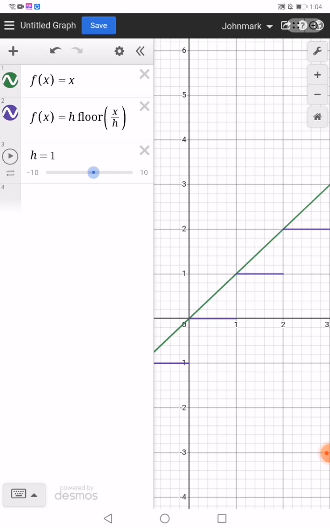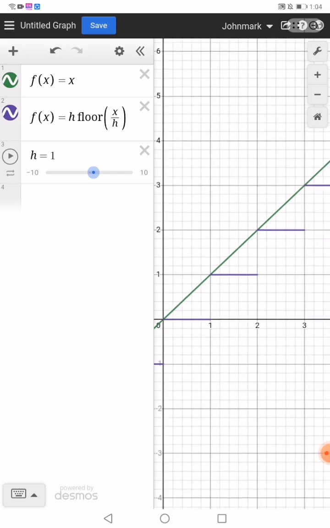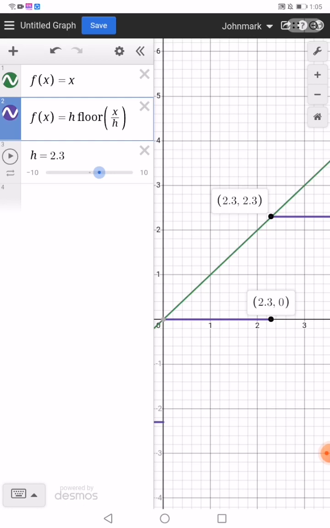And you can see that we have 1 unit. So now from this function of the real number, the green line, we can utilize this length of h as our interval. If I try to extend it, you see it will also increase. If I have 2.3, you can see that the endpoint right here is 2.3, and it will jump to 2.3 on the other side.